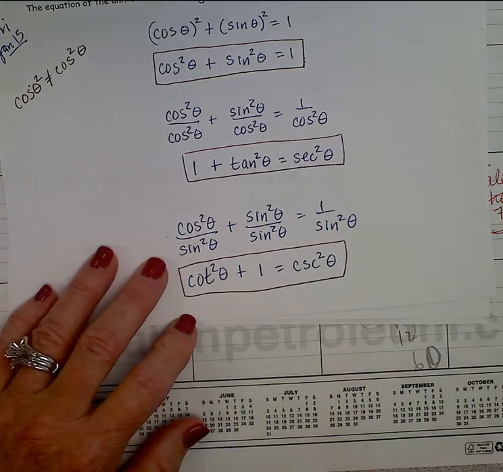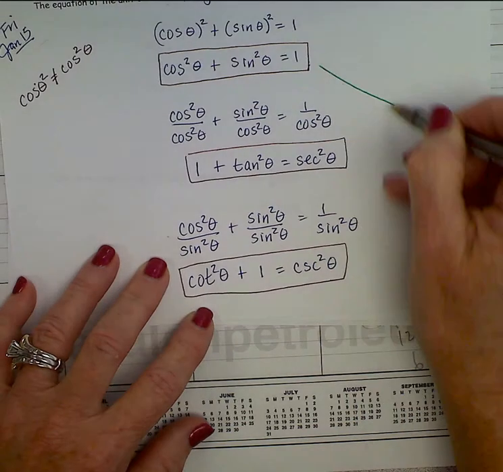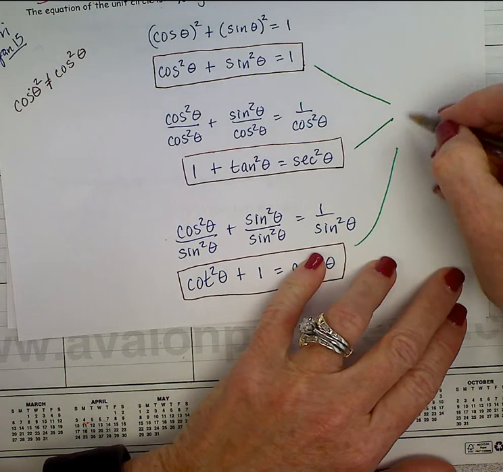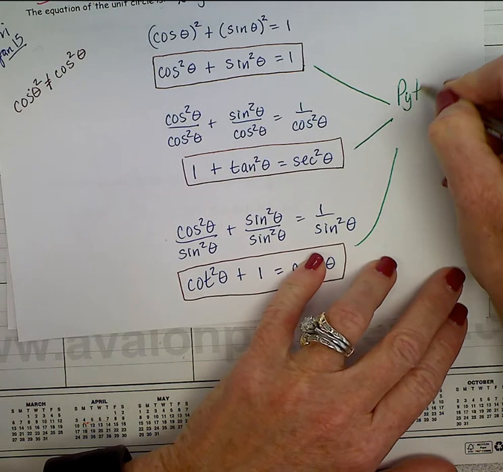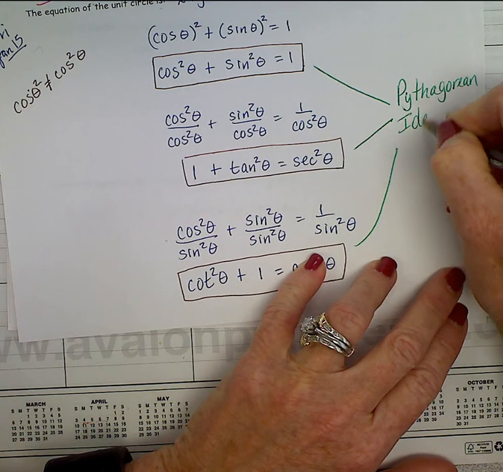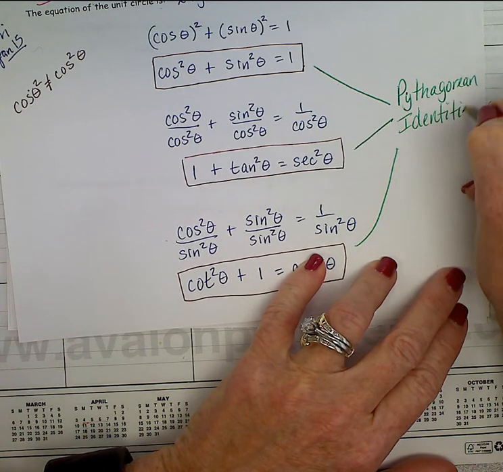All right, these three collectively are called the Pythagorean identities.